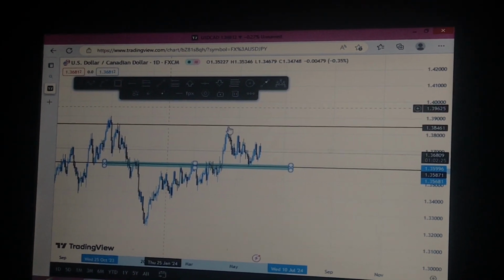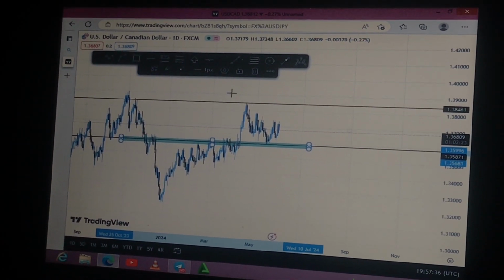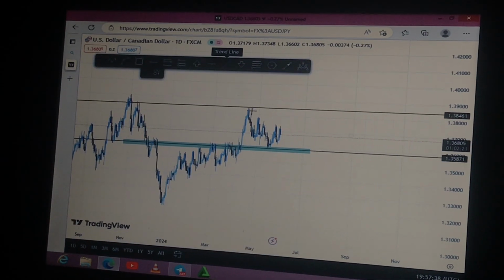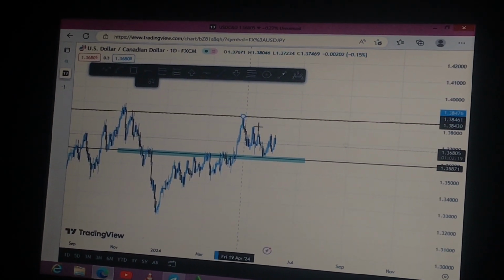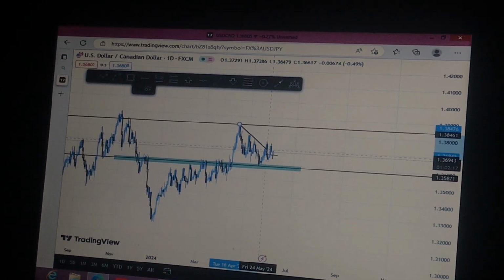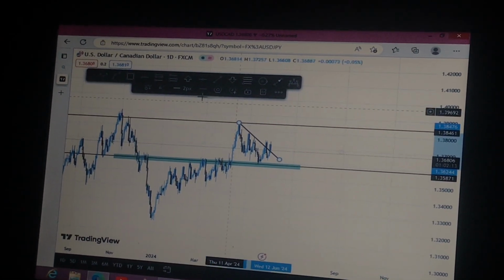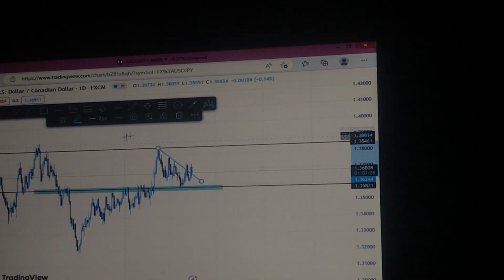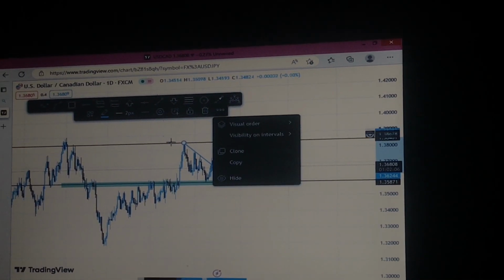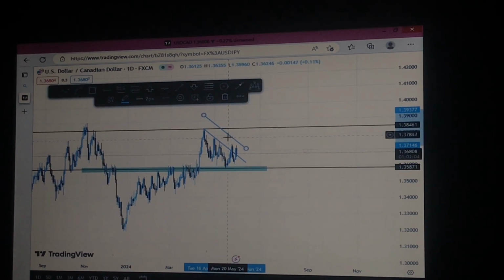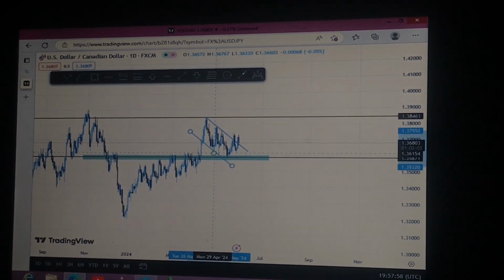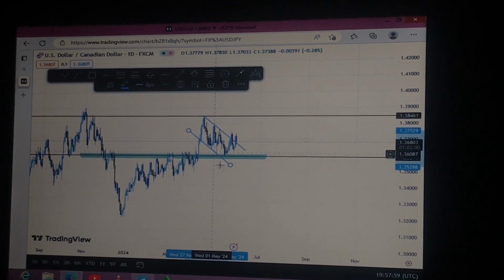But okay, I'm gonna explain more further. This was my pattern, which is a falling wedge pattern, basically a bullish reversal pattern.